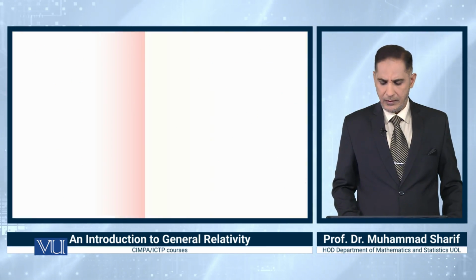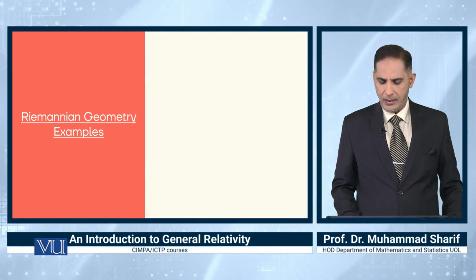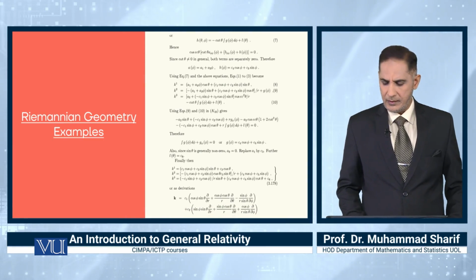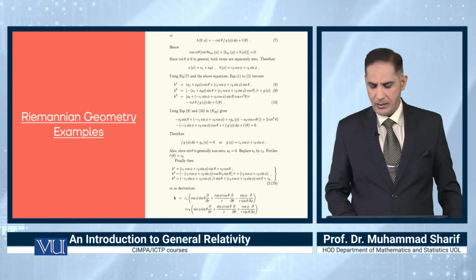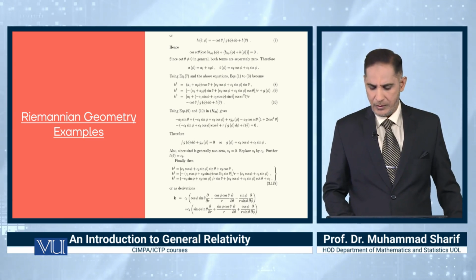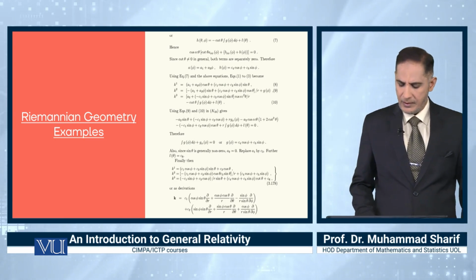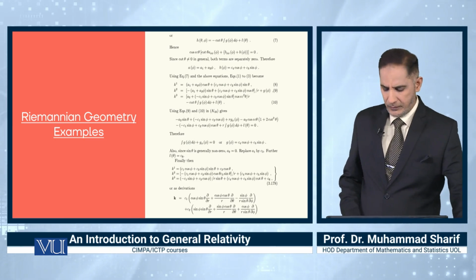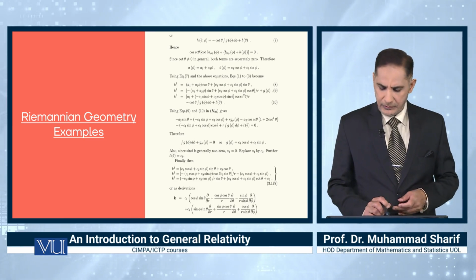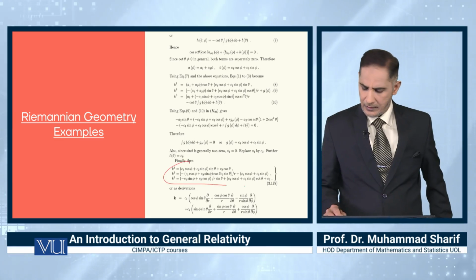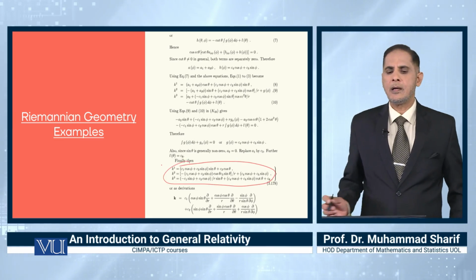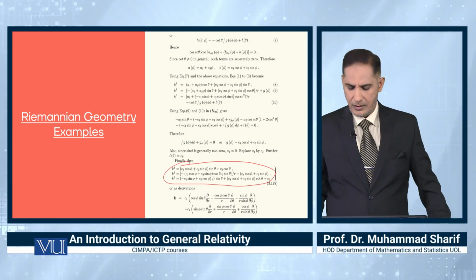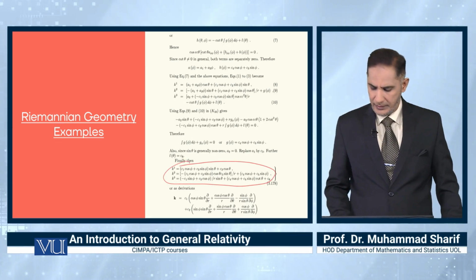Okay, some more examples can be done. I'm just showing that in 3 dimensions, the result obviously will be complicated. For example, in 3 dimensions, the killing vectors are the following. I'm just showing here that these are the killing vectors for the spherical polar coordinates.